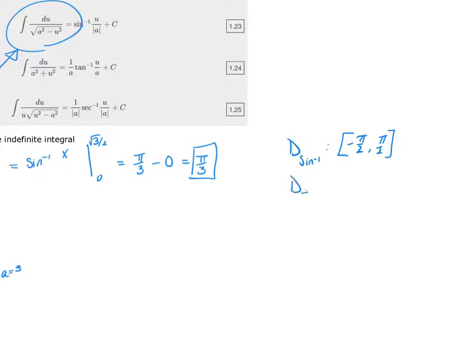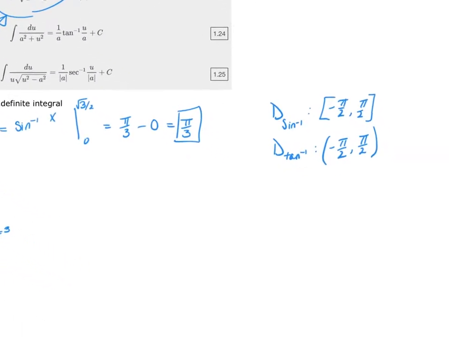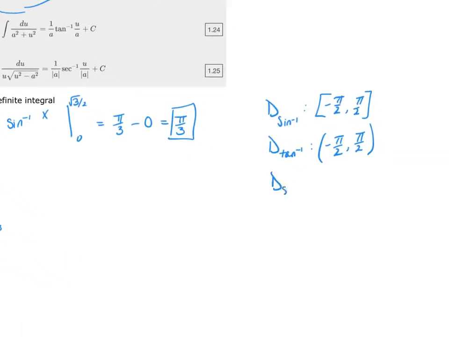The domain of tangent inverse is negative pi halves to pi halves, but I don't get to include the ends. And then we have the last one, which is the secant. The domain of the secant inverse, which is the reciprocal of cosine, is from 0, actually 0 is inclusive, to pi halves, union between pi halves and pi.